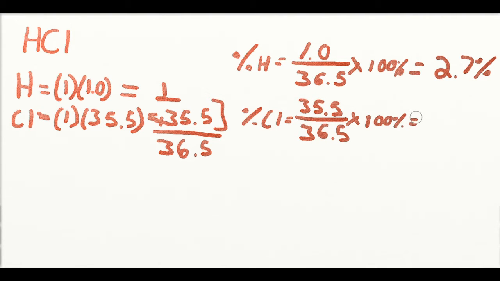So in your calculator, 35.5 divided by 36.5 times 100 should give you 97.3%. Our numbers together should equal 100% at the end.